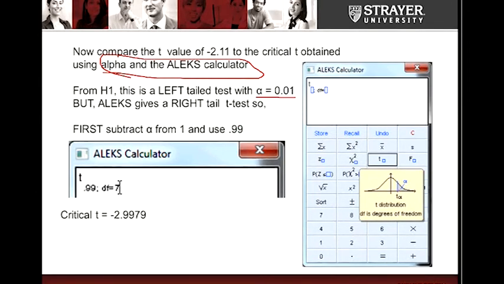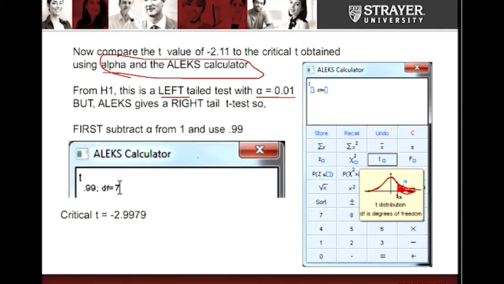So ALEKS gives a right-tailed test. If you hover over this key, it'll show you the picture of what the return is going to be, and the return is the t-value for the area to the right of the critical value.